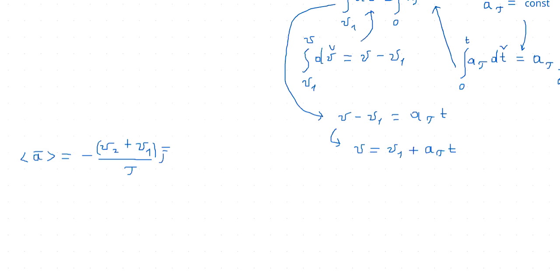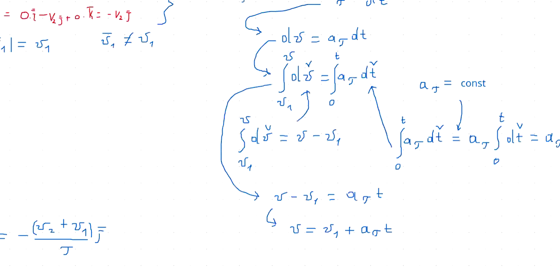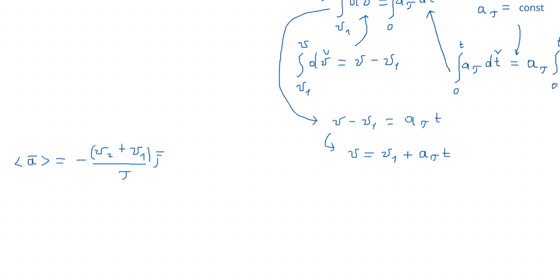And as we can remember from the condition, the whole time is equal to tau, so v2 is equal to v when time is equal to tau, and it means that v2 is equal to the same expression with tau instead of t.